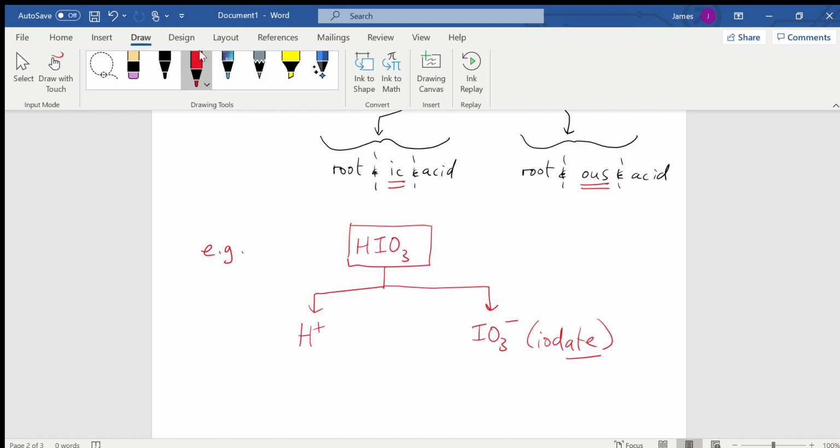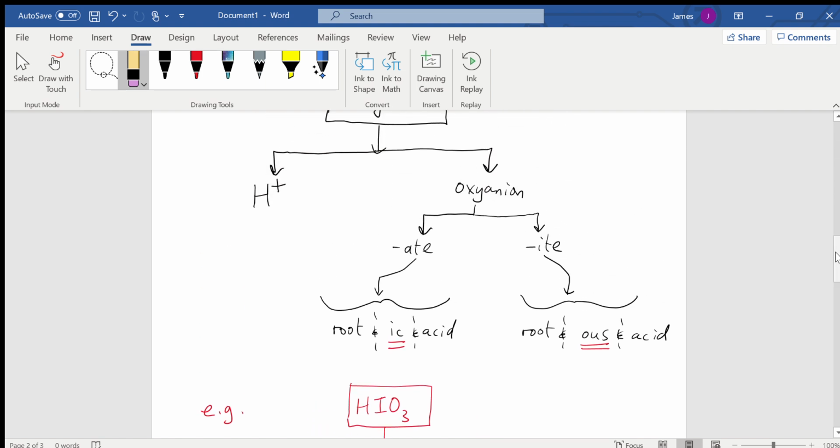So we would write, sorry, I get my acid nomenclature mixed up. We don't mention the hydrogen in this nomenclature. Notice that we completely ignore the hydrogen.